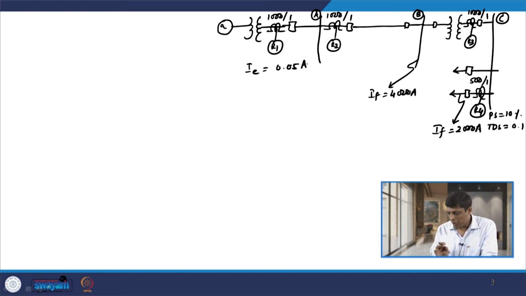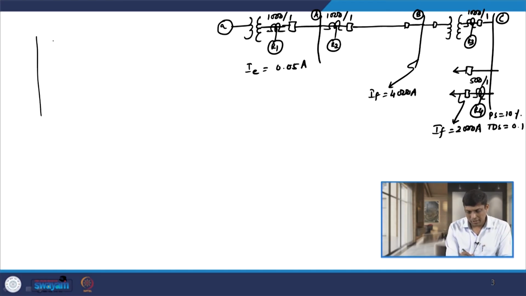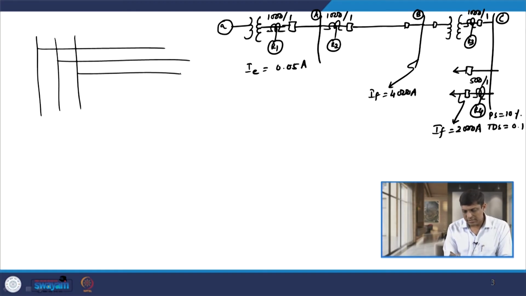Now, before I start, one thing we need to remember is that R1, R2, R3 and R4 are groups of relays. These are the phase relays as well as the ground relays. For example, if I consider relay R1, we have the 3 lines connected like this, and we have the 3 line CTs like this.